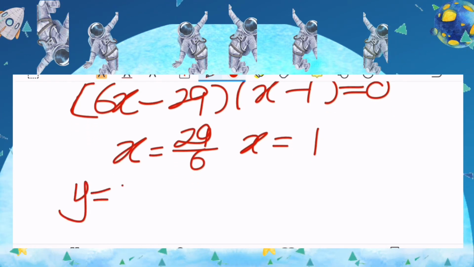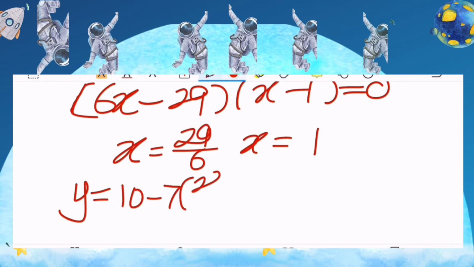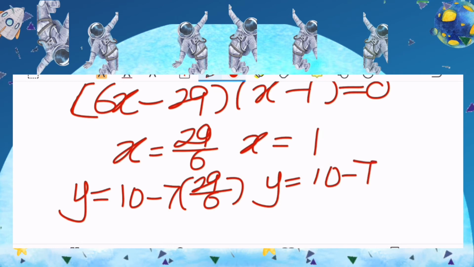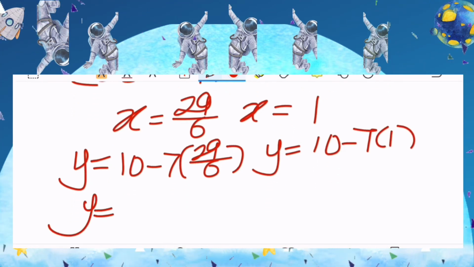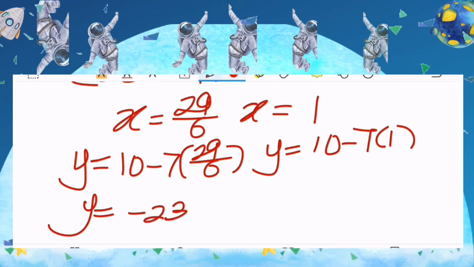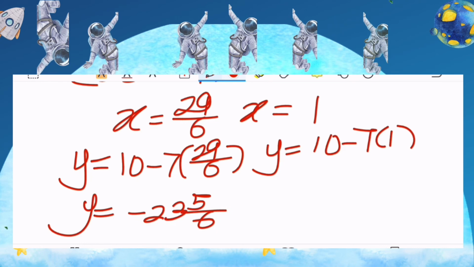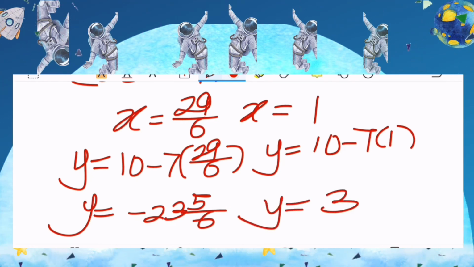And don't forget to find the y. For x equal to 29/6, we will substitute into the y. The same thing applies when x equals 1. We will substitute into the y. So then we will get y is negative 23/6 for one, and for the other y, we will get 3.